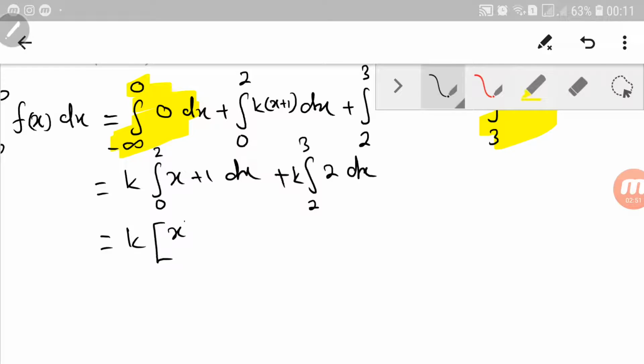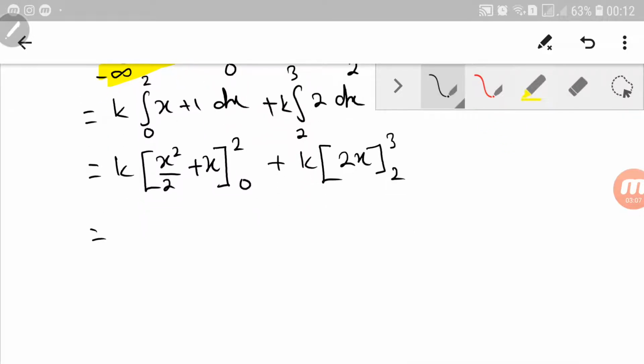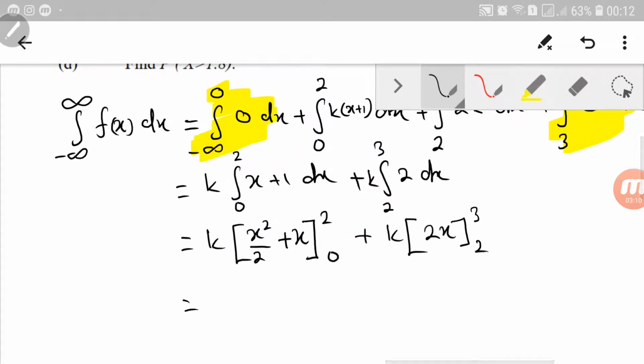So the integration of x squared over 2 plus x with 2 and 0 as the upper and lower limits respectively, and k times 2x from 2 to 3. This integration, the integration of f(x) from minus infinity to infinity, must equal 1.